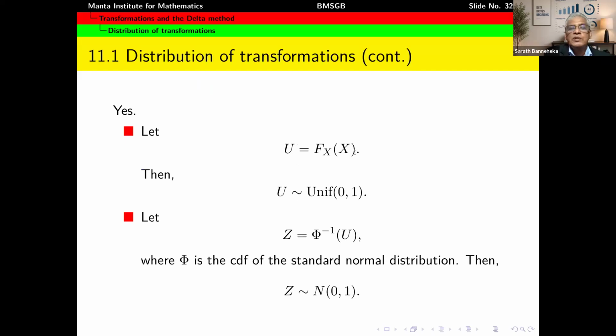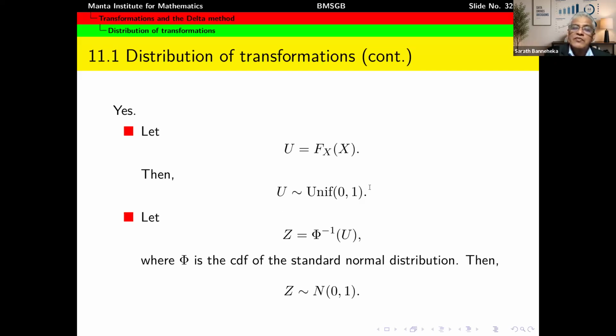First of all, get the X data and then apply this probability integral transformation. Say U is equal to F_X(X). So here you have to know the distribution of X. And then U will be distributed as uniform(0,1) that we discussed earlier. We have proved this.